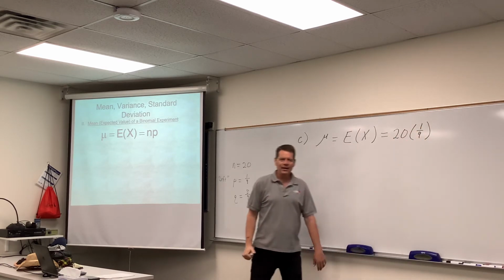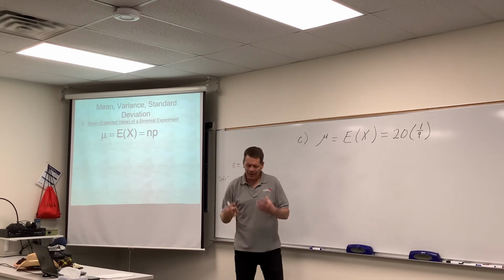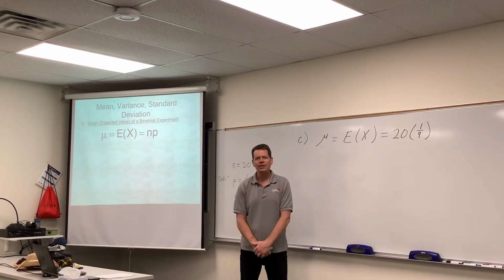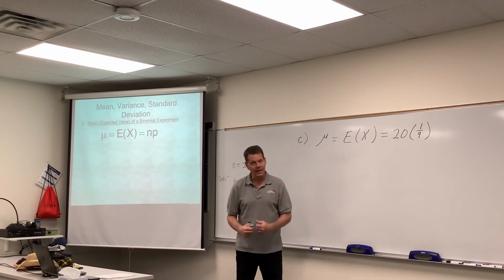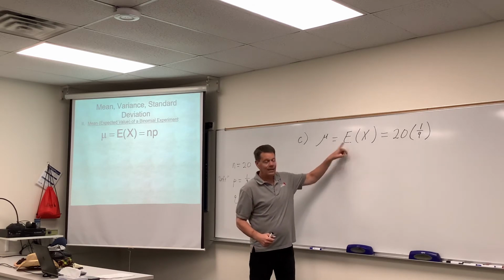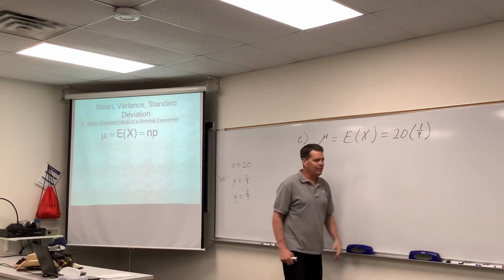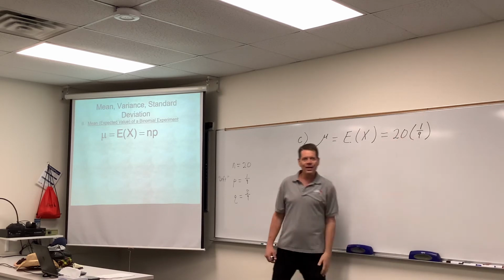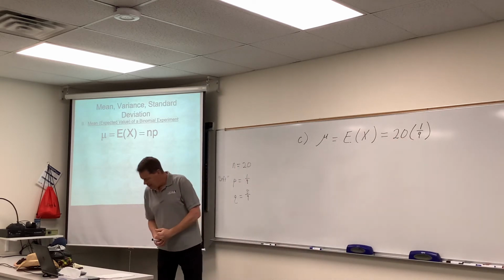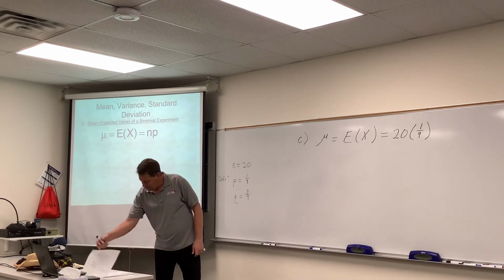Let's stop and think about that for a second. If I told you I have a group of 20 randomly selected people, and suppose 1/9 of the general population is left-handed, how many of those 20 people would you expect to be left-handed? You would probably tell me, I would expect 1/9 of those 20 people. That's 1/9 times 20, and 1/9 times 20 is basically 2.22 repeating.